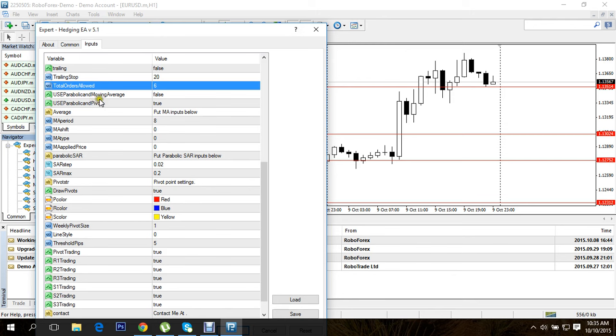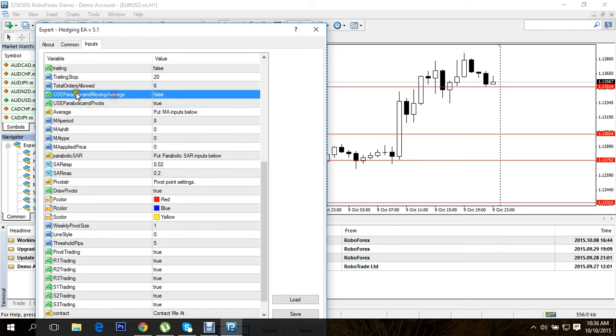Okay, the next two variables are basically the flags for indicators. Okay, the previous version of this EA, which was version 4.4, had only these two indicators to decide a trade, I mean to look for a signal based on these two indicators.